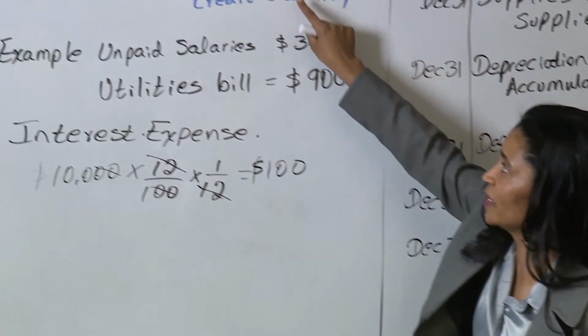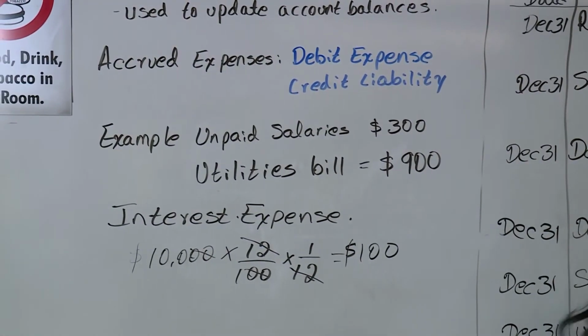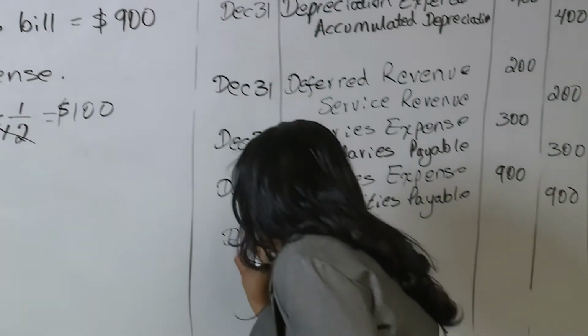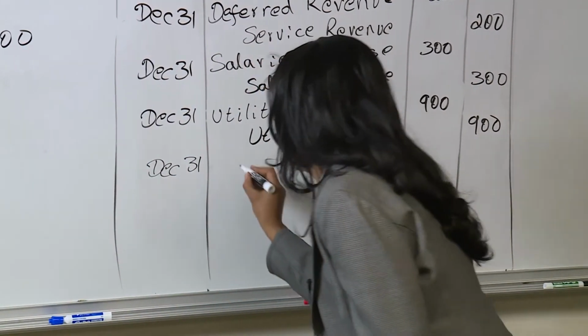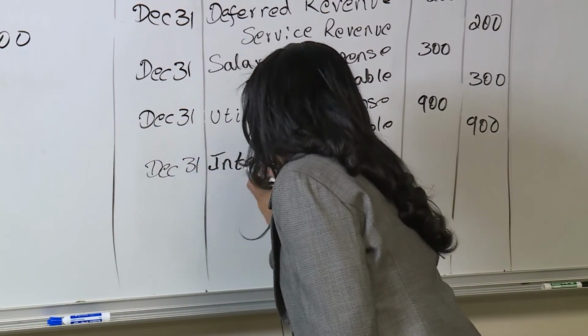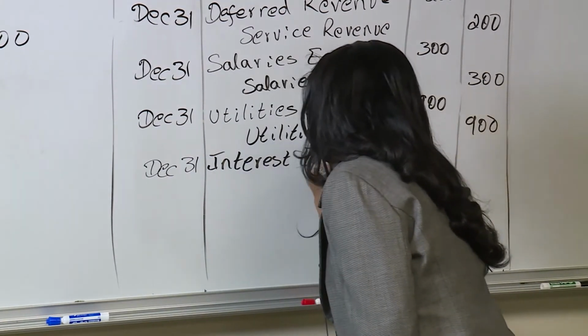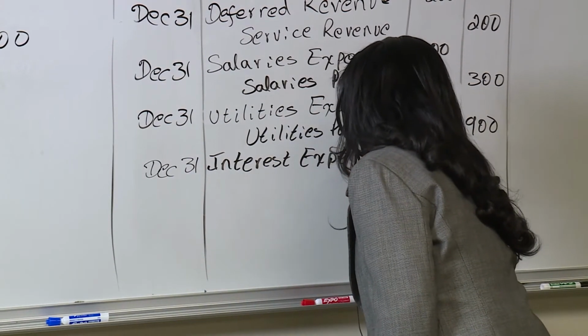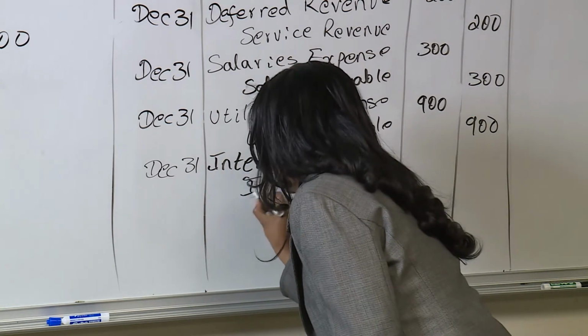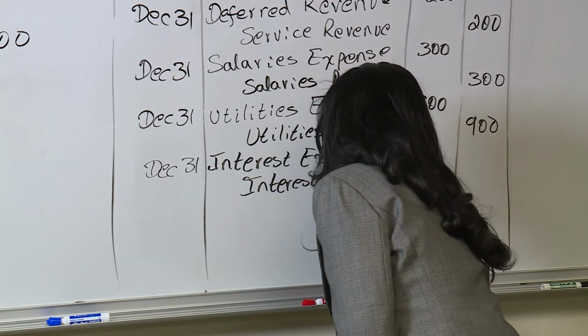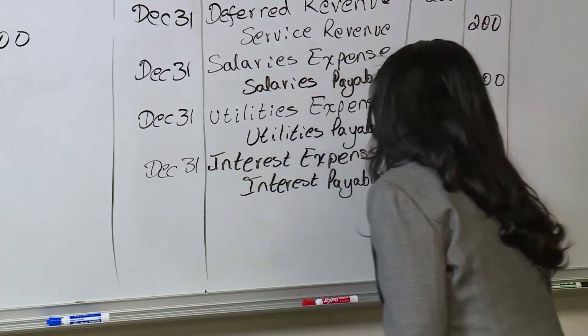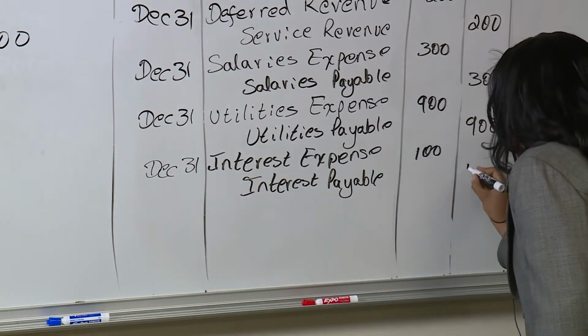Again, interest expense and interest payable. Again, a very similar situation here. So I debit interest expense and credit interest payable for $100 and $100.